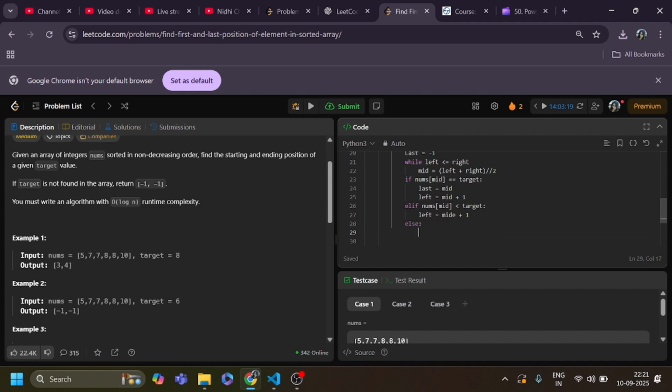Else right equals mid minus 1. Then I need to return what?